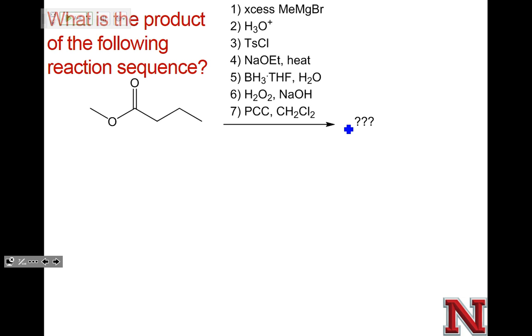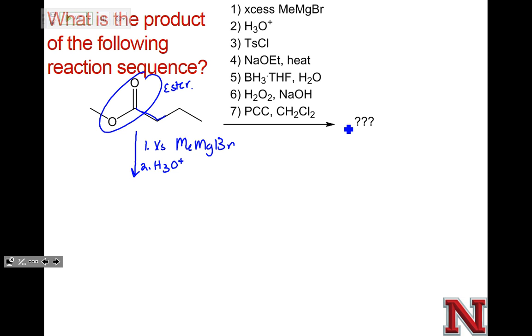So in our first step, we're adding excess MeMgBr, and we're reacting that with an ester. So we will get 2 additions with the loss of methanol. And then, of course, H3O+ is going to protonate the alcohol at the end. And we don't add it till second.